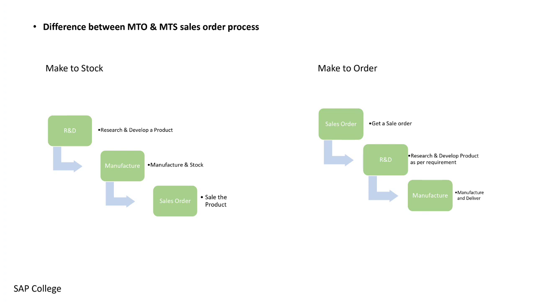Now we know that the COPA document is generated at the time of billing, and once the COPA document is generated, we can see it reflecting in profitability reports. This is cool in the MTS process because everything happens so quickly. But in the MTO scenario, the gap between sales order and billing could be anywhere from months to years.